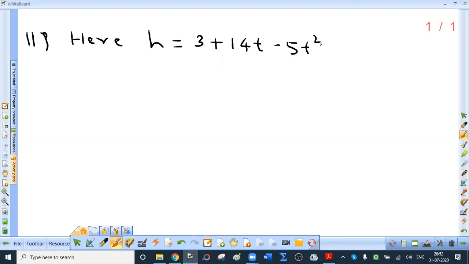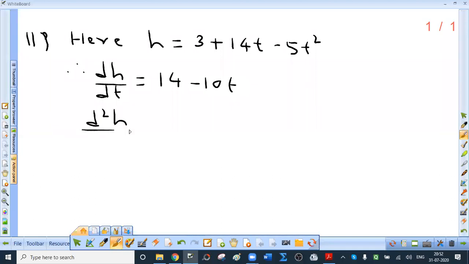Okay. So dh/dt, that is velocity, it is 14 minus 10t. What is derivative of dh/dt? It is d2h by dt square. It is nothing but minus 10.